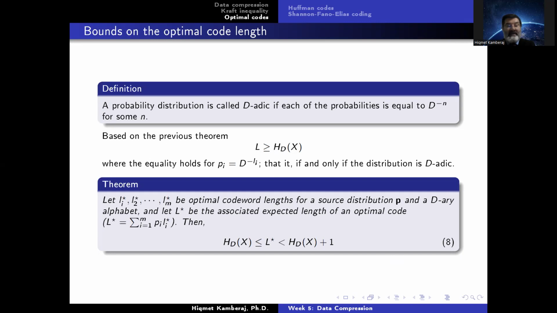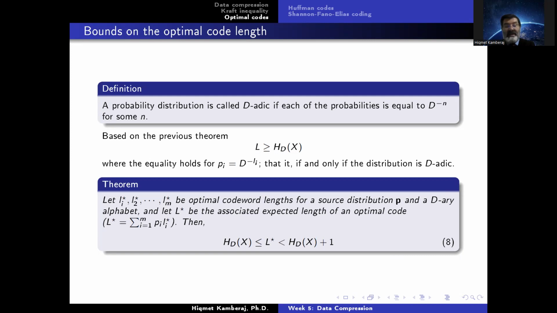Now, a theorem. Let L_1 star, L_2 star, up to L_m star be optimal code word lengths for the source distribution p and the D-ary alphabet, and let L star be the associated expected length of an optimal code.